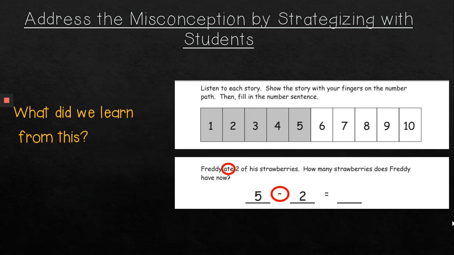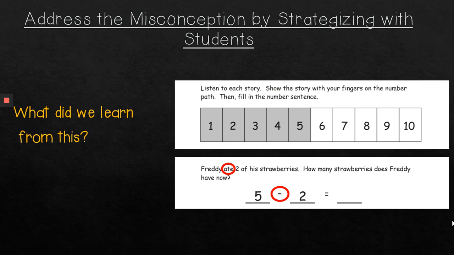Now, I want to know what we can learn from this using our number path. Okay, so let's take a look at the story again. Freddie ate 2 of his strawberries. So how many strawberries does Freddie have now? Let's use the number path this time, not objects, not our fingers. We will use our number path, but let's see what we can do to figure out how to use it.